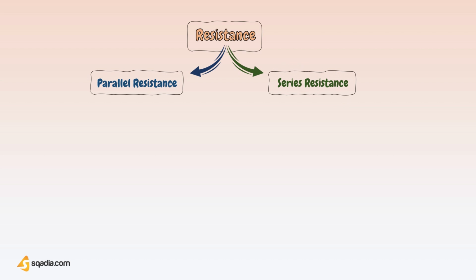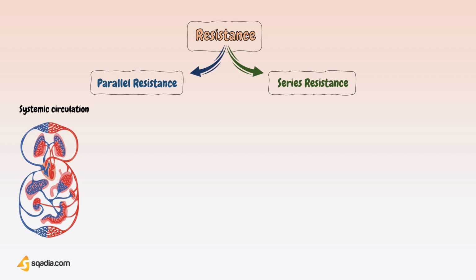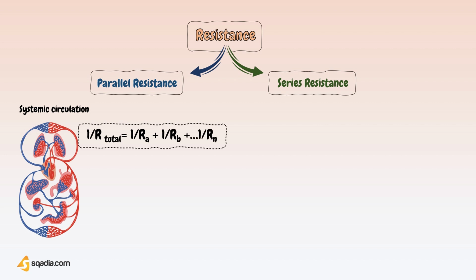This parallel resistance is illustrated by systemic circulation, as each organ is supplied by an artery that branches off the aorta, and the total resistance of this parallel arrangement is expressed by this equation, where RA, RB, and RN are the resistances of the renal, hepatic, and other circulations, respectively.